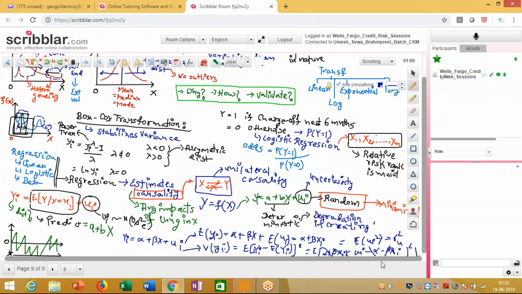So if you want to apply linear regression to solve or to develop an LGD model, you need to ensure that the dependent variable is normally distributed.